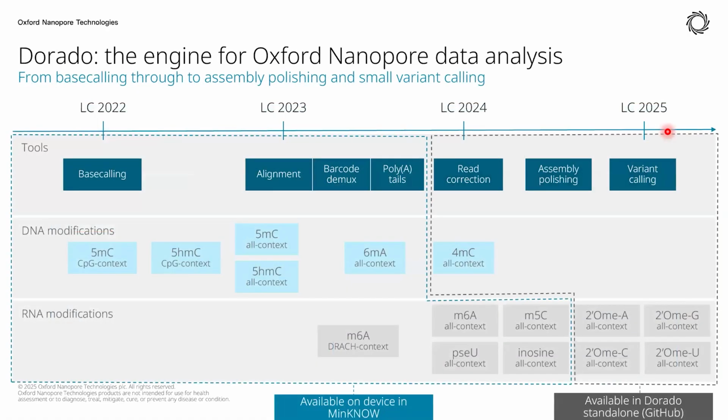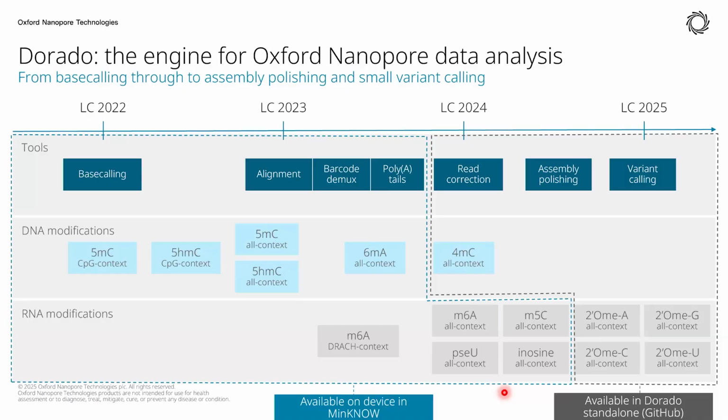Okay, what this means in practice is for most basic cases, you really don't need to be using the standalone Dorado base calling software. But as you can see, we do have some subset of features that are only available in the standalone Dorado version. This usually includes newer modified base calling models or the latest DNA or RNA canonical base calling models.